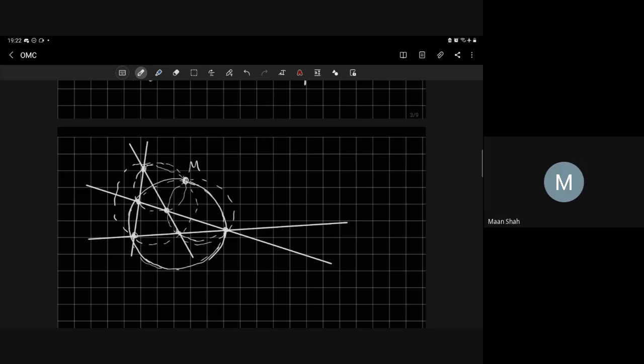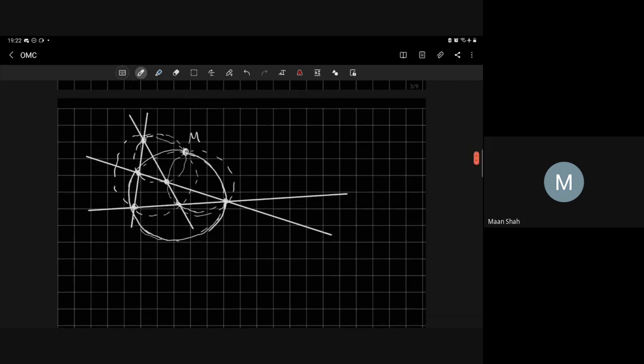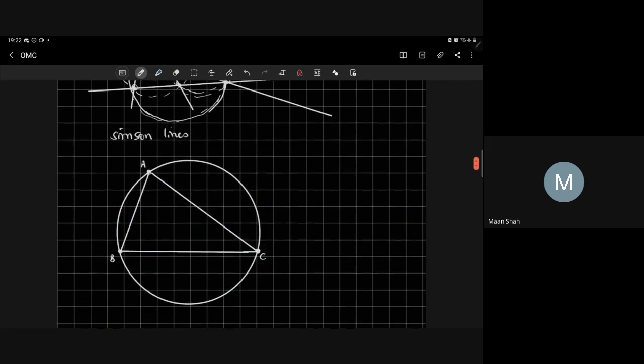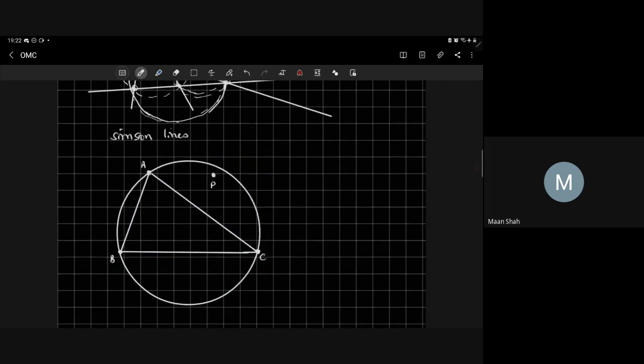So now we'll go into something called Simpson lines. Once again, we have a triangle ABC and some point P. For now, let's not impose any conditions on P. Then you draw perpendiculars from P on the 3 sides.